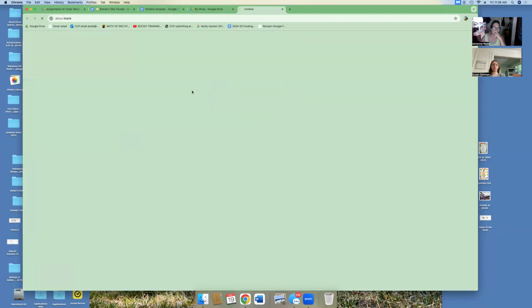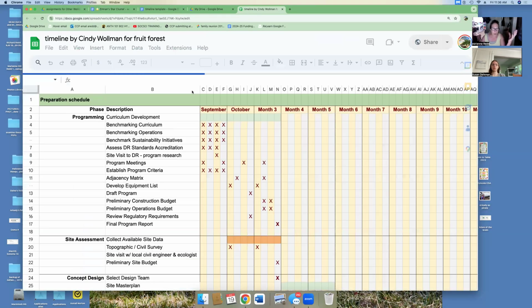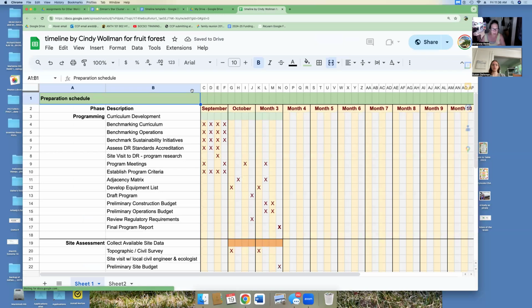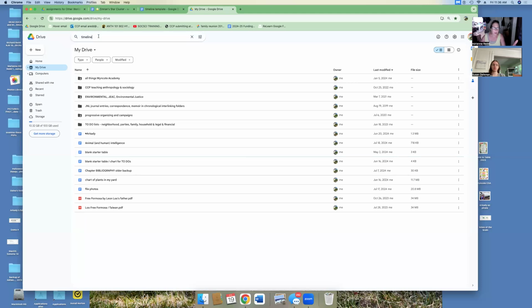So here's a timeline for a project with what happens in each of the months of the year before you prepare for it. Here's a timeline.